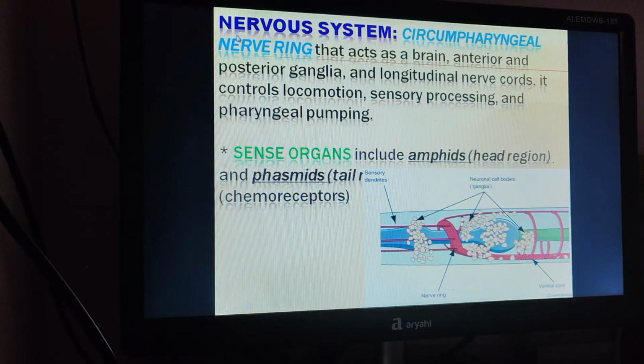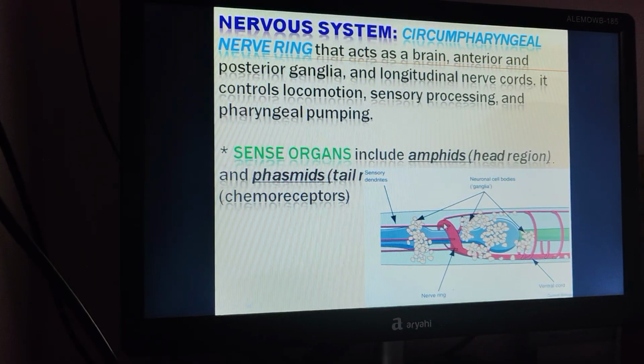Next, you will see the nervous system, the circumpharyngeal nerve ring. See, this is the pharyngeal nerve ring. This type of nerve ring you will see in the nervous system for coordination. So that acts as the brain.